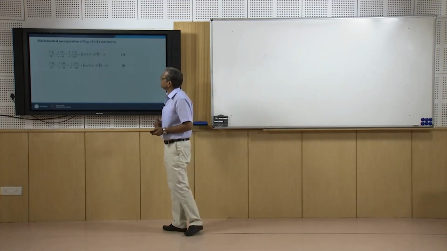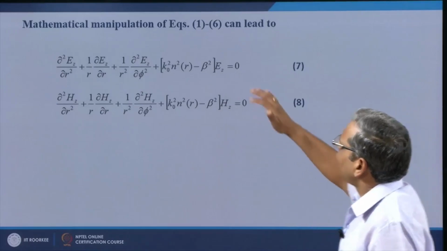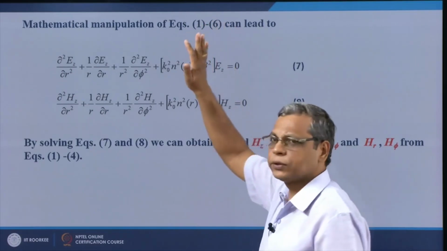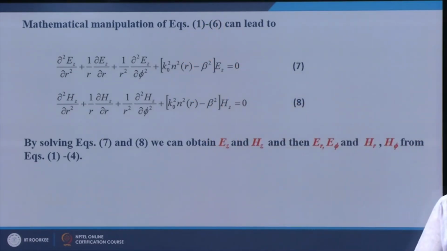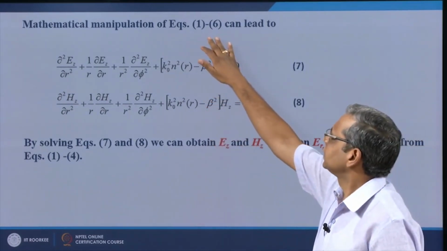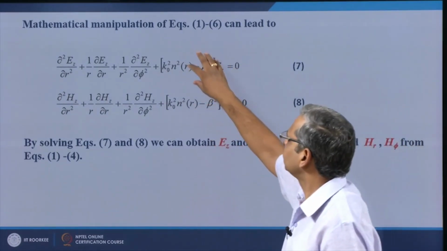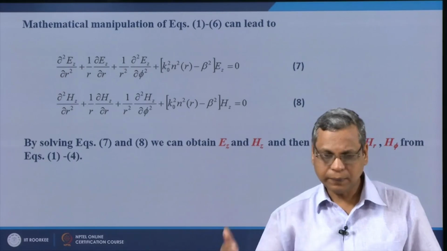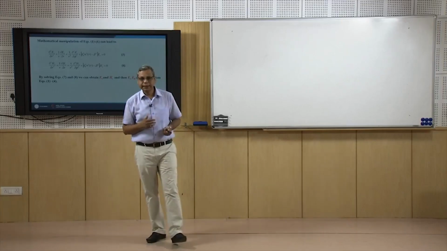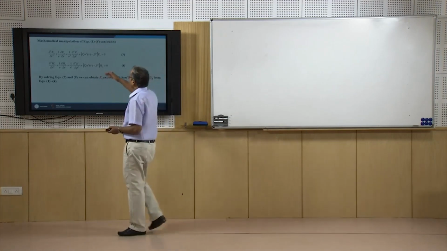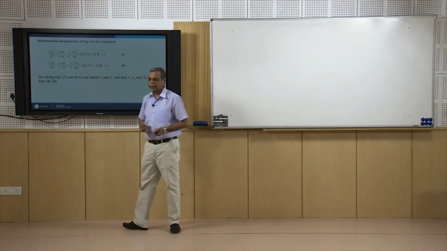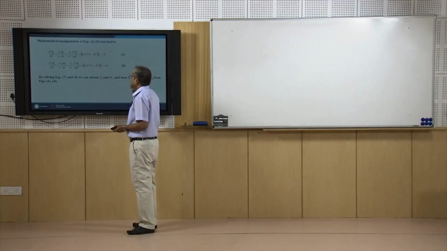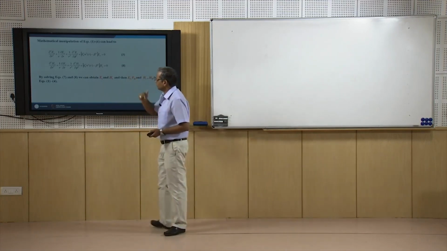If I do mathematical manipulation of these 6 equations, they can lead to 2 equations, one in Ez and one in Hz. So, I can form a differential equation in Ez or Hz, solve these equations and then get Er, E phi, Hr, H phi from these Ez and Hz, using those 6 equations.